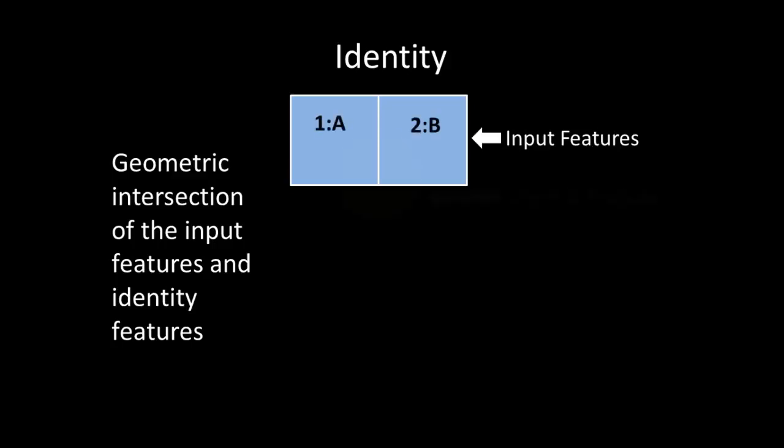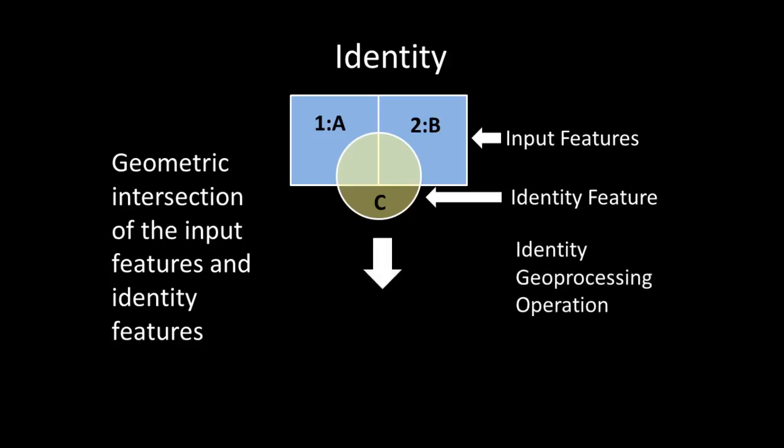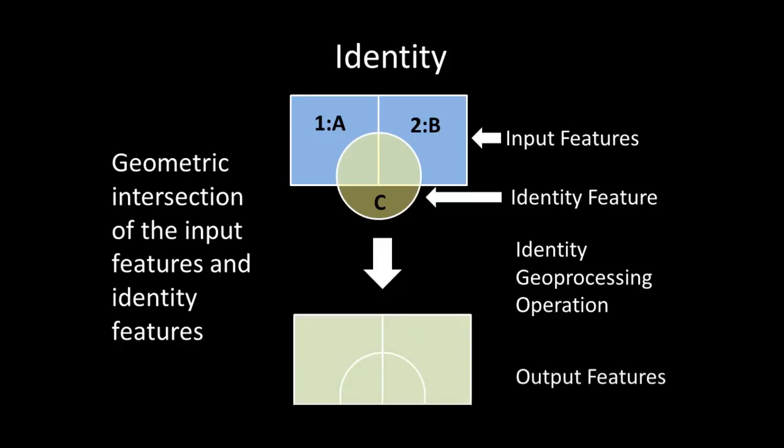The identity feature has an attribute of C. After the identity geoprocessing operation is run, 4 output features will be created. Features created where the identity features touch the input features will have attributes of both the input feature and identity feature.